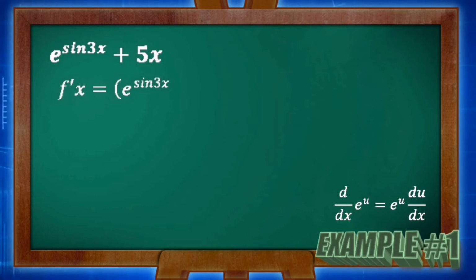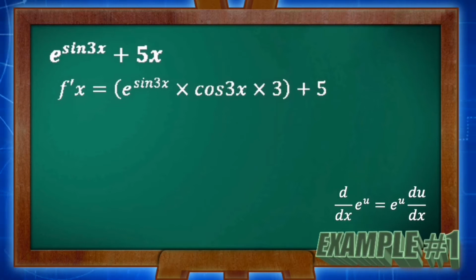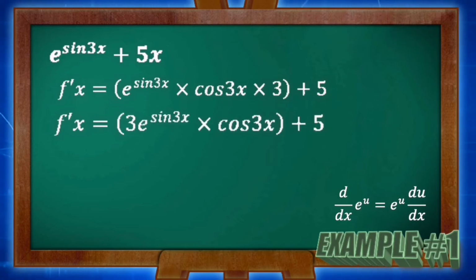The derivative of u is cosine 3x times 3. After that, we need to find the derivative of 5x. The derivative of 5x is 5. Now, we need to arrange the position. Our first derivative answer will be 3 e^(sine 3x) times cosine 3x plus 5.